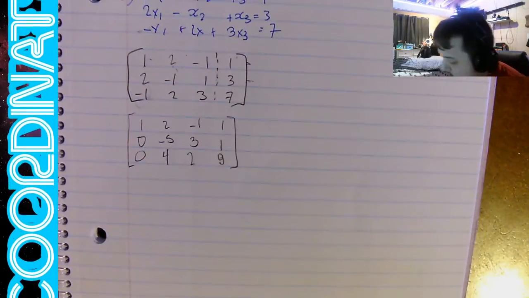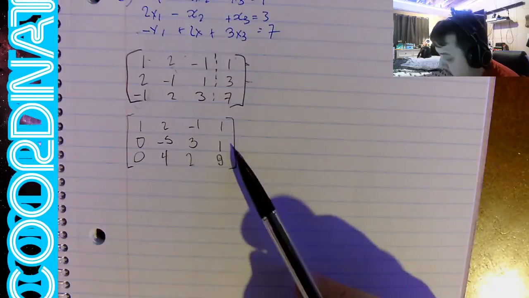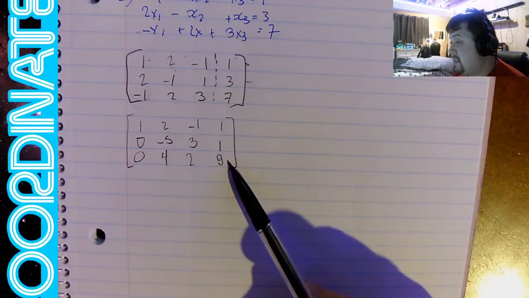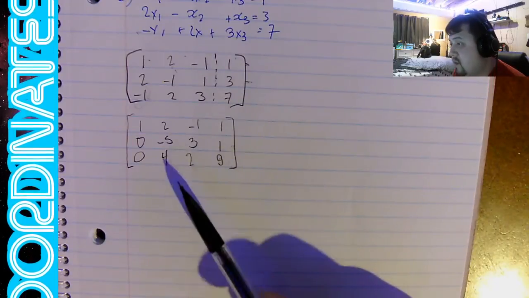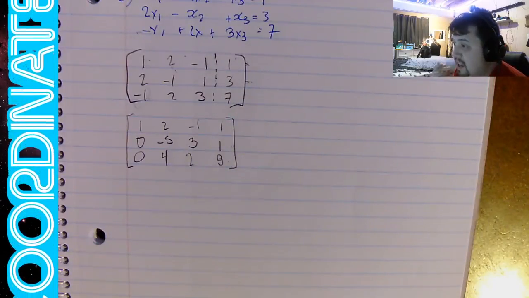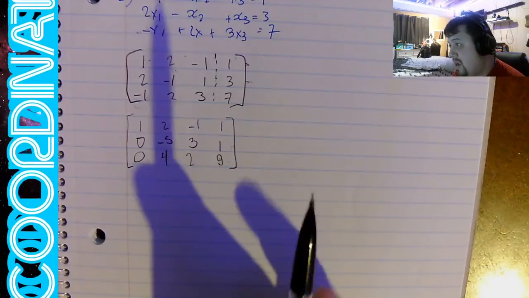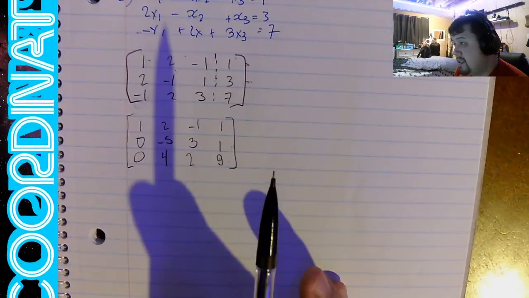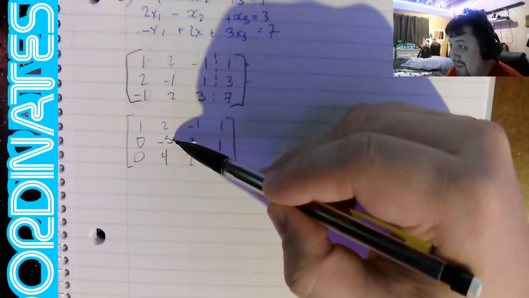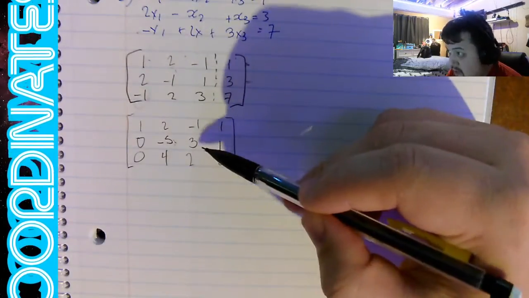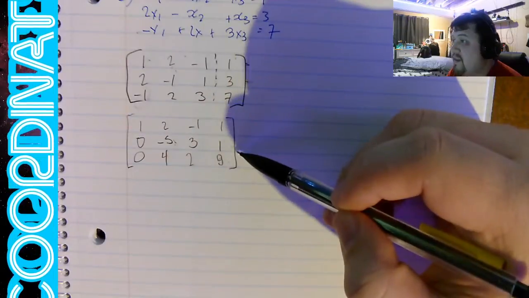Now, we have 2 lines here. We have this line and this line, and both these lines are terrible. You want to get rid of them in such a way that this becomes a 1. What you have to do, if I wanted to make this a 1, I'd have to divide this by negative 5 first, which is going to be 3 over negative 5, 1 over negative 5.